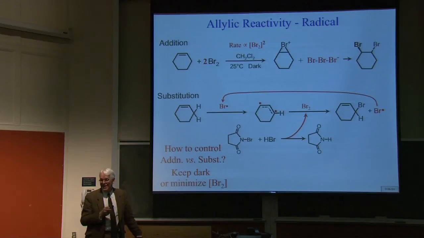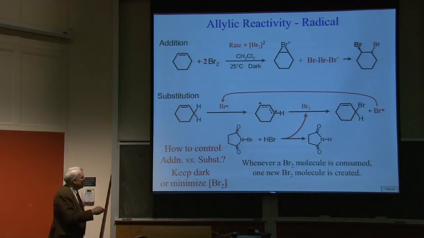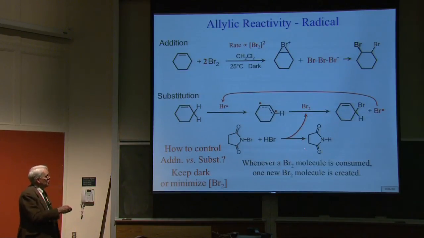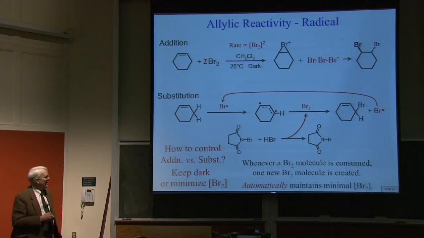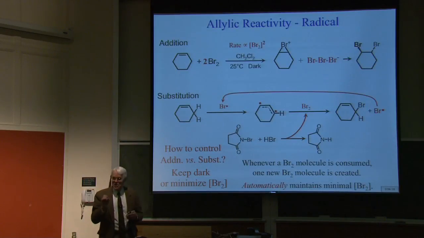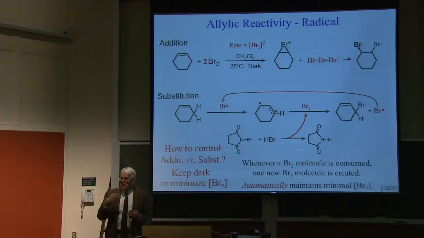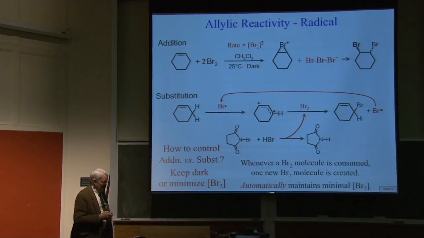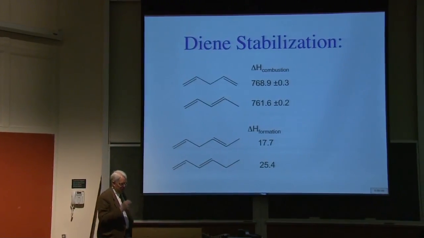Br2. So isn't this neat? Whenever a Br2 molecule gets used up, a new Br2 molecule is created by this reaction. So it automatically maintains the minimum possible concentration of Br2. Every time you use it, you get a new one. You don't have to sit there with your burette trying to run it in very slowly. So that's the trick with N-bromosuccinimide.